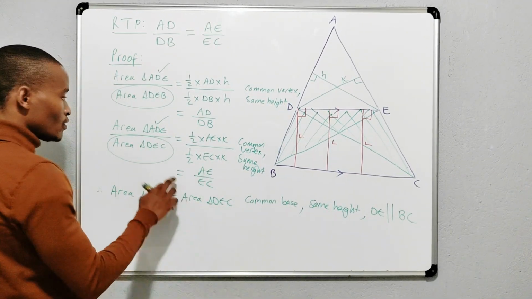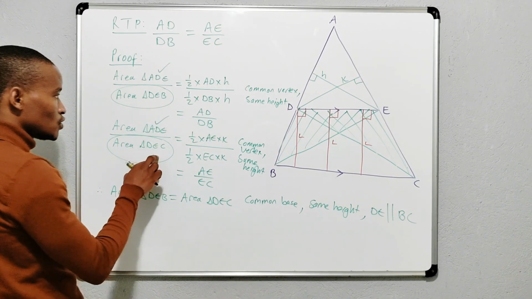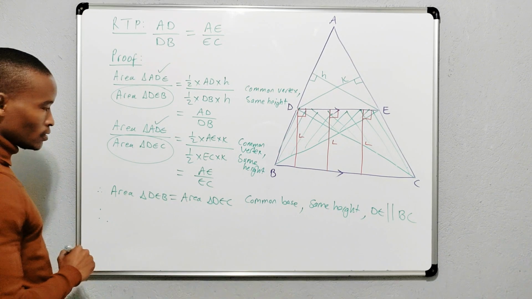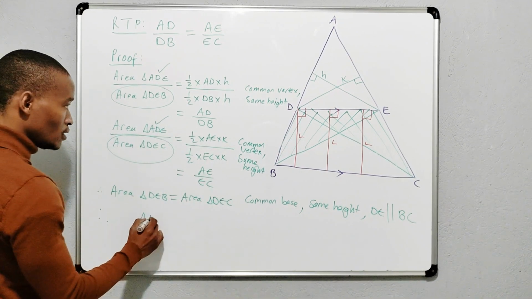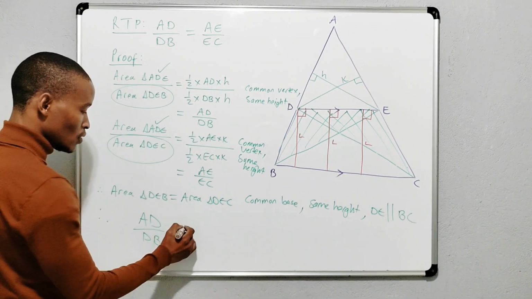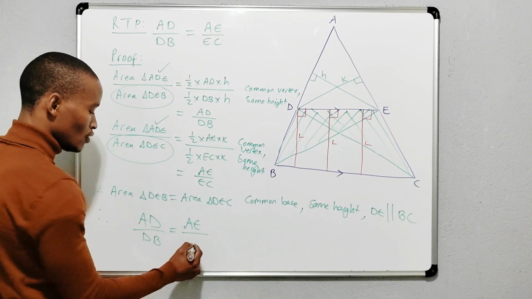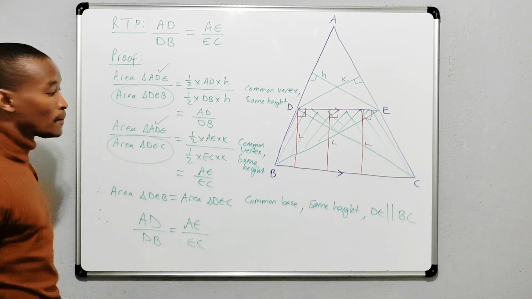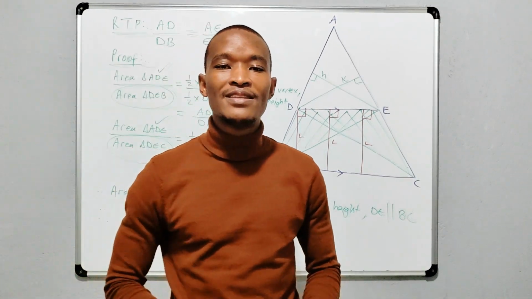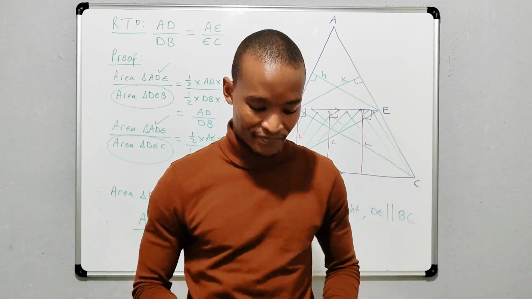So therefore, we've proven the equality of these two areas of the two triangles, and therefore AD over DB is equal to AE over EC. Are we done? Yes. Let's go to the next theorem.